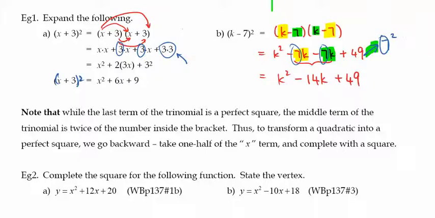If you use this middle term and divide it by 2, you will be getting the number in its perfect square. And not only that, you can also come up with the number located at the end.